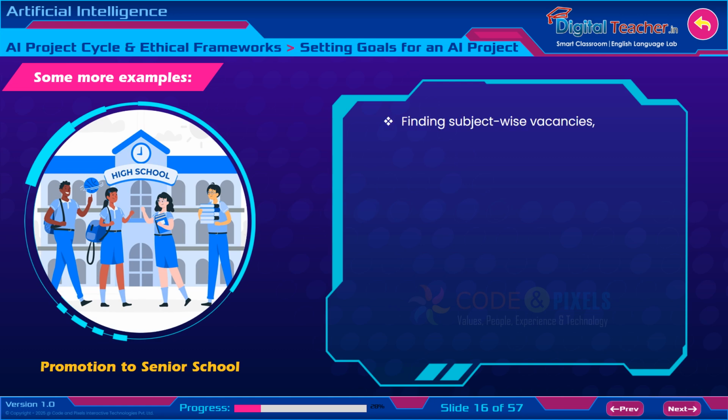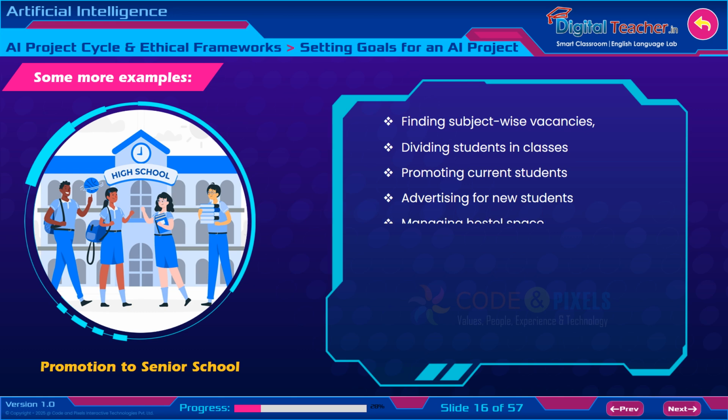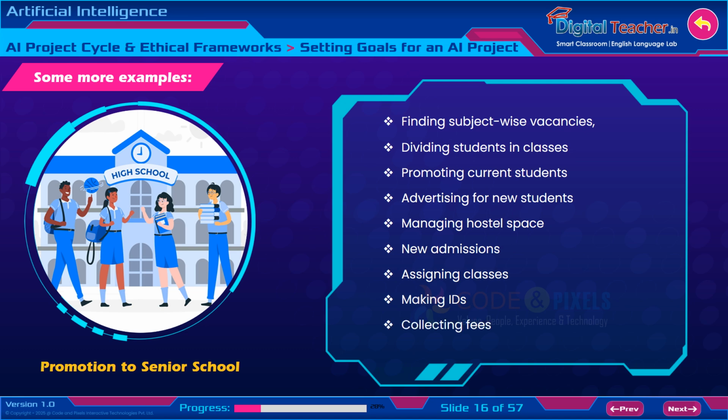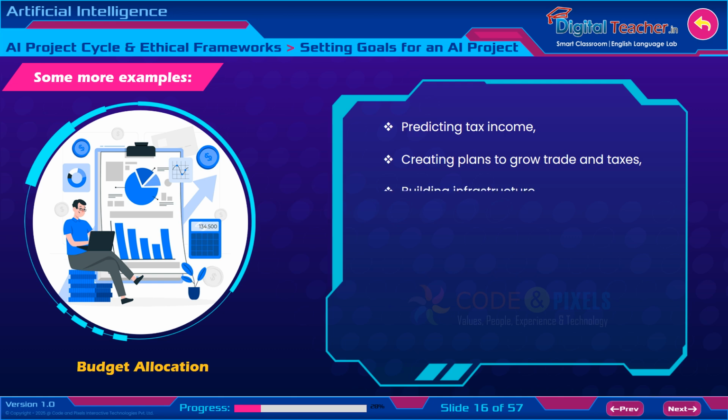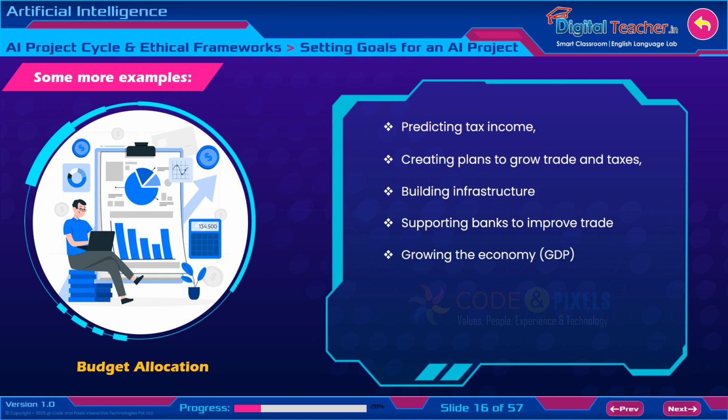Finding subject-wise vacancies, dividing students in classes, promoting current students, advertising for new students, managing hostel space, new admissions, assigning classes, making IDs, collecting fees, giving uniforms and books, etc. Theme: budget allocation. Predicting tax income, creating plans to grow trade and taxes, building infrastructure, supporting banks to improve trade, growing the economy, managing jobs.